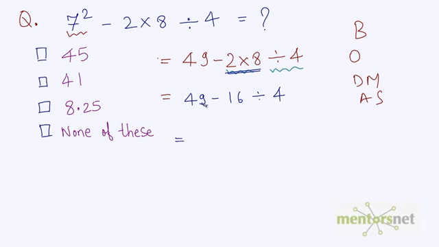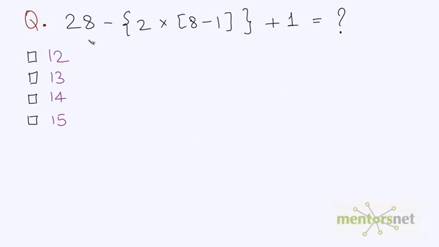Now this has become simple. We have only two operations, and of the two, division takes more priority. So 16 divided by 4 gives us 4. So this is equal to 49 minus 4 is 45. So our answer is option A. Let us solve this question.